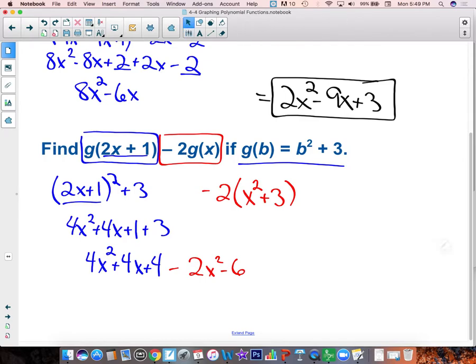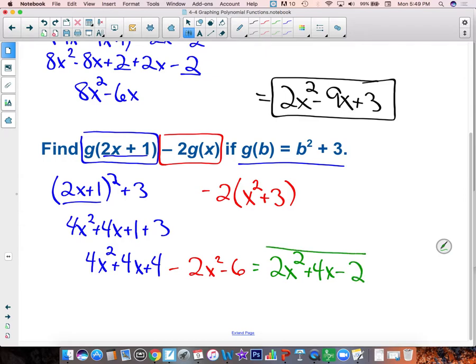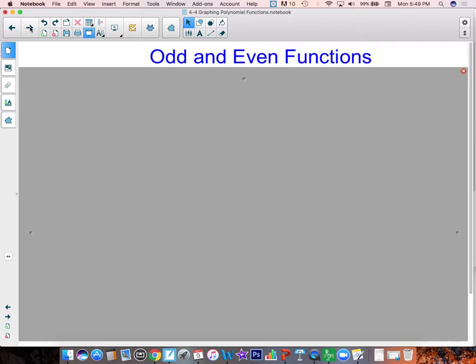So for a final answer, we're going to have 2x squared, and then we don't have another x term, so it'll be plus 4x. And then 4 minus 6, so that's negative 2. That's your final answer. They're not too bad, you just have to make sure you organize. So that would be using function notation with polynomials.